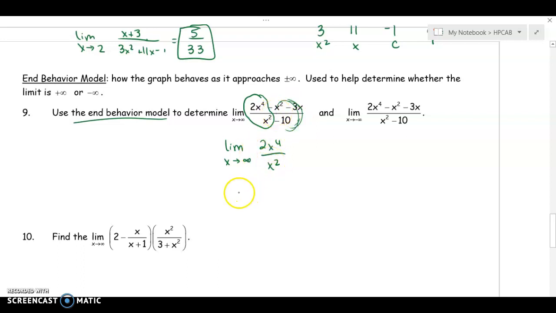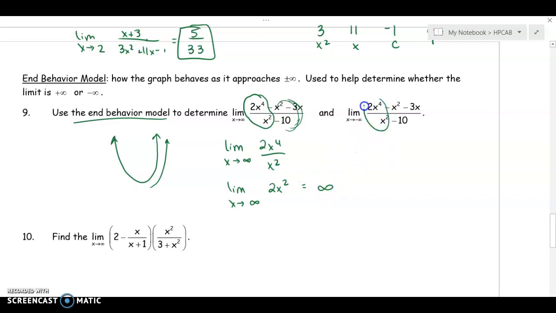Now when you simplify this, this is the same thing as the limit as x approaches infinity of just 2x squared. Now 2x squared, you can think about that kind of graph, or you can plug in infinity if you want to. But think about it, 2x squared is going to be a parabola that opens up. As you approach infinity, you're going up, up, up, which is positive infinity.